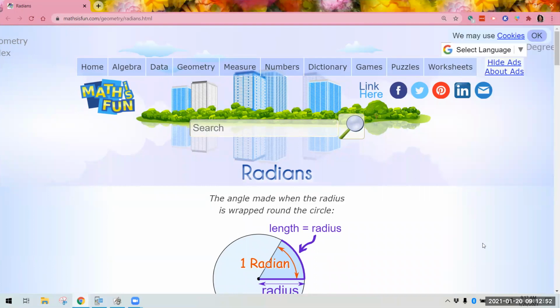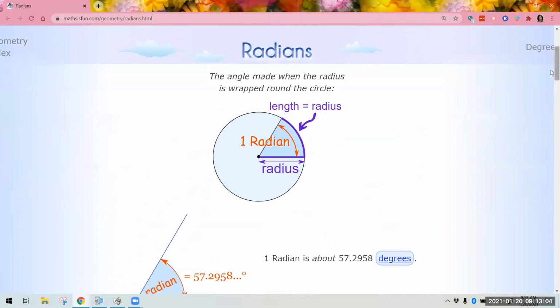Just like we have different measurements for length, feet, meters, different units that way, we have different measurement units for angles. The first one you are very familiar with is degrees. The new one for us in pre-calculus, and you might have had a little bit in the spring of Algebra 2, is radians.